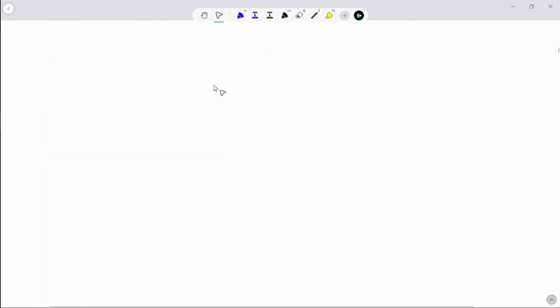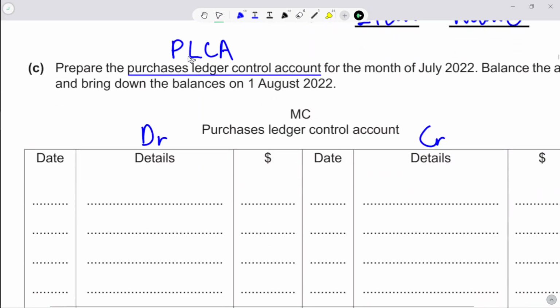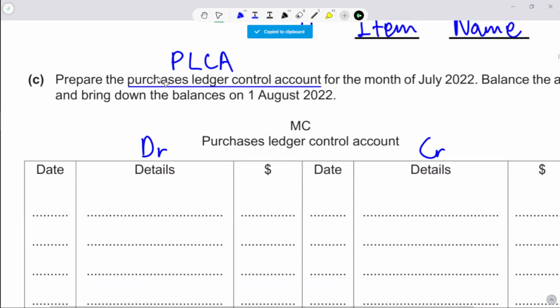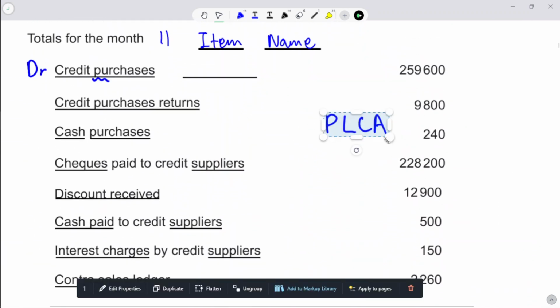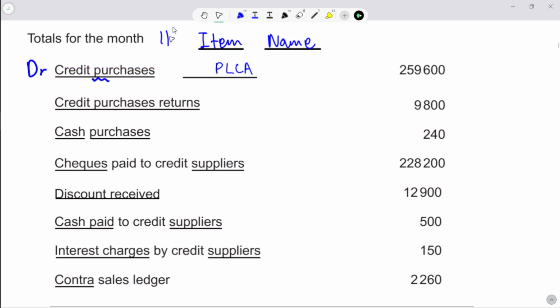Okay, here's the hint. You are doing PLCA, right? So you just put PLCA inside, like that. So it's quite easy. To put PLCA inside. Okay. So this one will be credit.